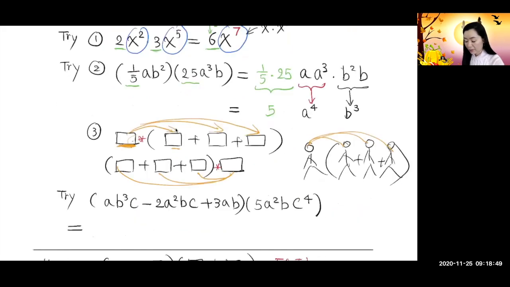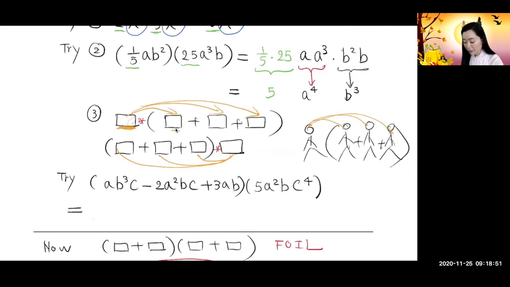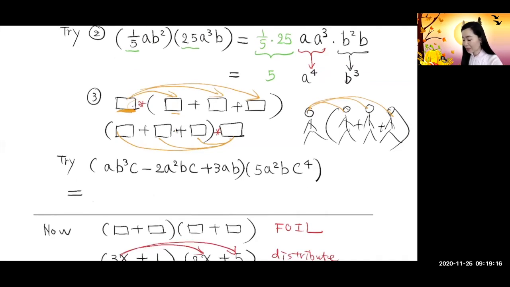Next, we're going to talk about distributing, multiplying a monomial with a trinomial. Then we need to distribute. This monomial is going to take turns to multiply every term inside the parenthesis. It's like when you watch a basketball game and someone wins, and then he takes turns to high five the team.